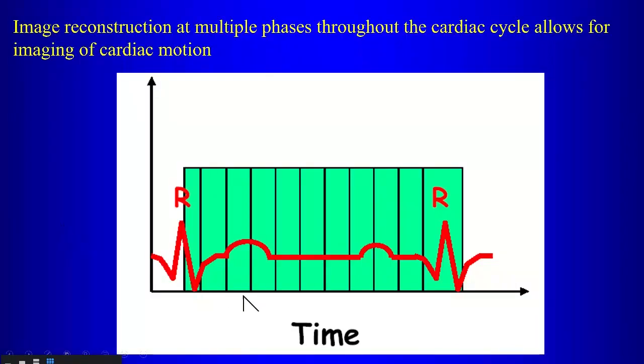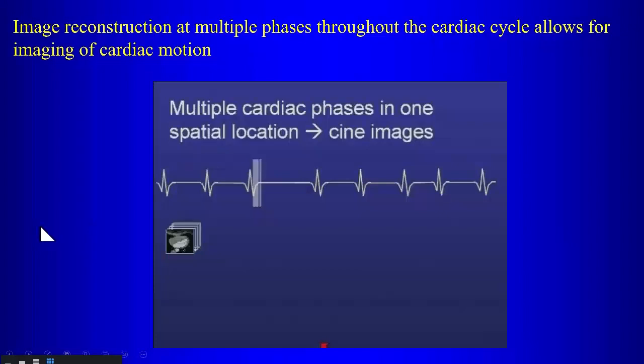So if you've done a retrospectively gated scan and you've obtained all of the cardiac phases, then usually we will reconstruct images at 10% increments of the RR interval. So we will have an image at 10%, 20%, 30%, and so on, from 0 to 90.